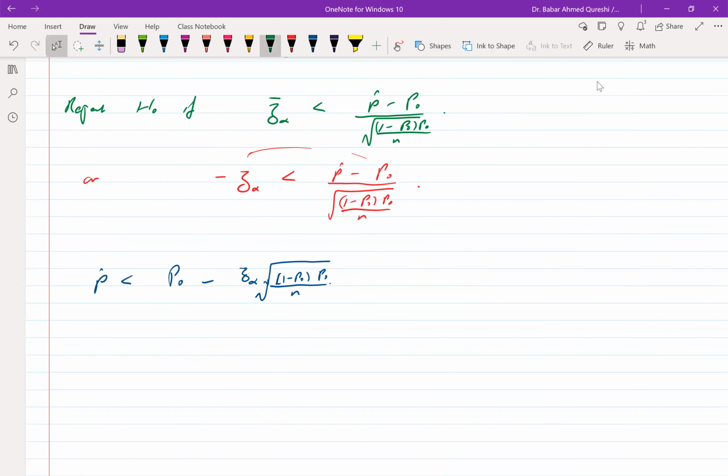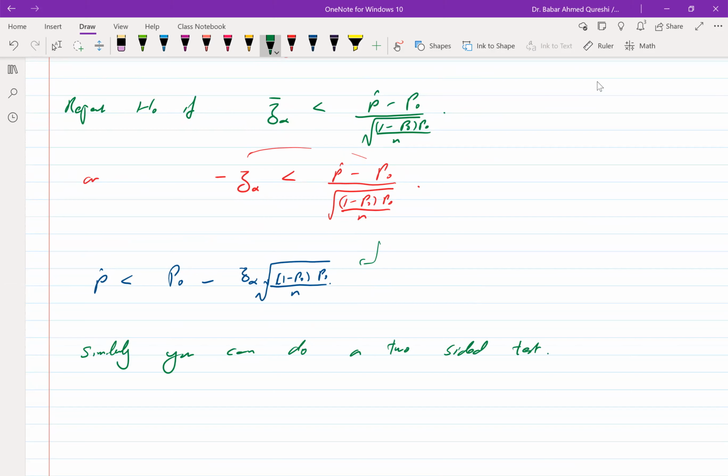Similarly, you can do a two-sided test. You will be computing the lower critical value like that and the upper critical value with a plus sign.